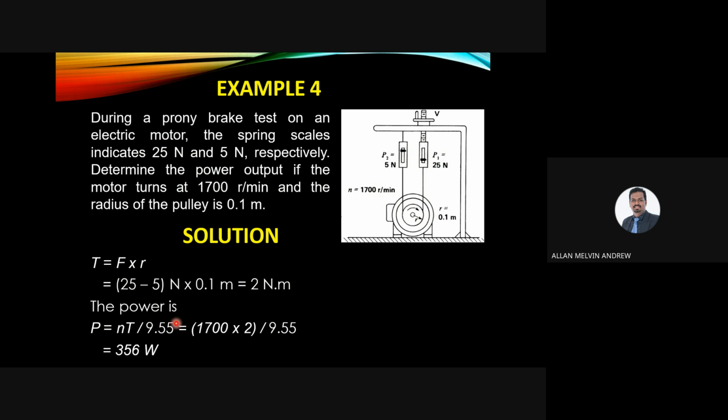So the power is P equals NT over 9.55, the previous formula. N is 1700, T is the torque, 2 Newton meters. All the information is there, so 1700 times 2 over 9.55, and we get the power equals 356 watt.